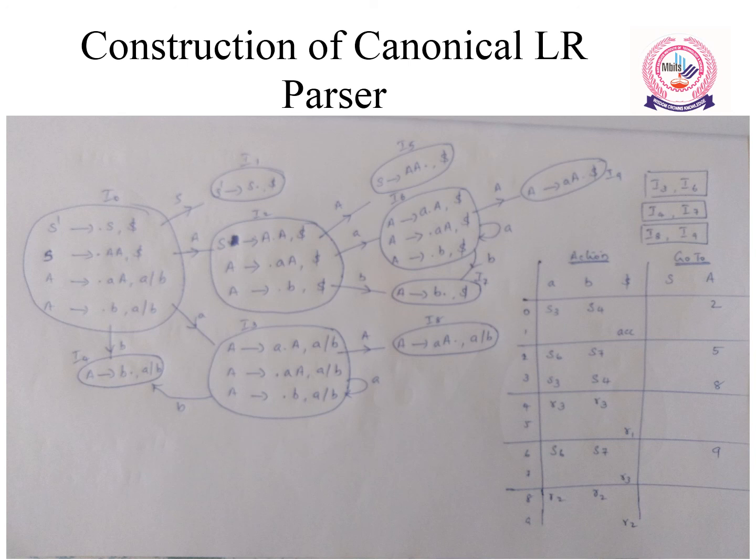This is the canonical LR parser. Only when the lookahead symbol comes in the input buffer do we perform the reduction. For all other symbols, it will be considered an error. So this is all about the canonical LR parser.